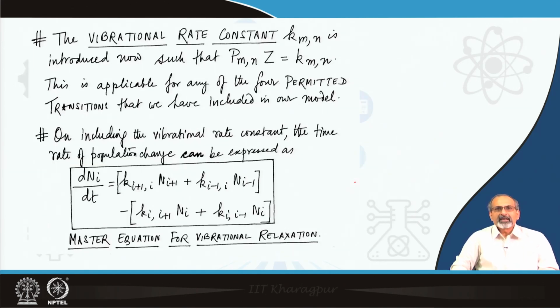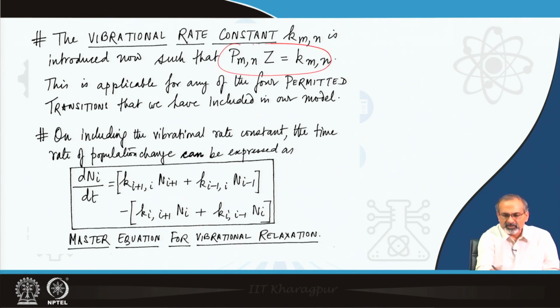The vibrational rate constant k(m,n) is introduced now, which is nothing but the product of the probability and Z. We have already handled this product earlier, but we did not introduce the vibrational rate constant earlier. We now do it.